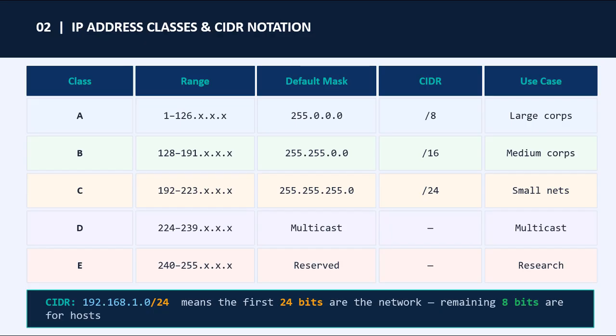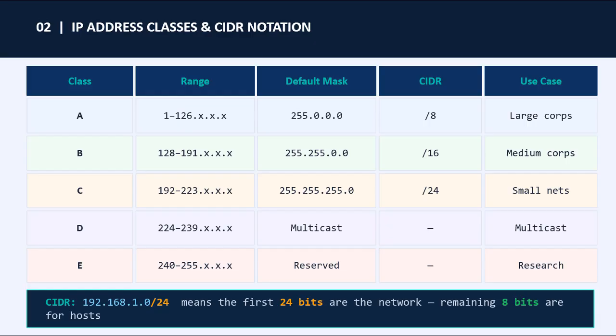Before we subnet anything, we need to understand IP addresses, their classes, and CIDR notation. Historically, IP addresses were divided into classes. Class A would cover IP addresses from 1 to 126. These were designed for huge organizations with millions of hosts.